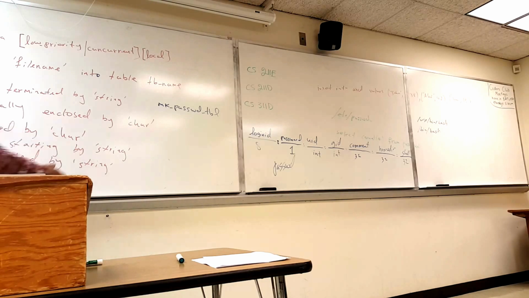Lines starting by, you don't care about that. Terminated by newline. And that's it. Actually, I wrote the whole thing. We don't need optionally enclosed, escaped, or lines starting, because none of these items are escaped.